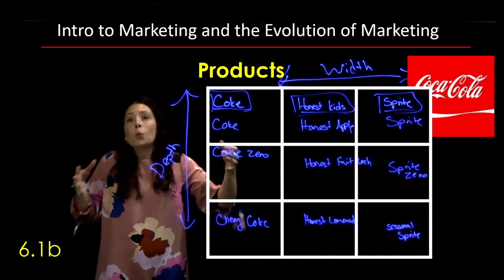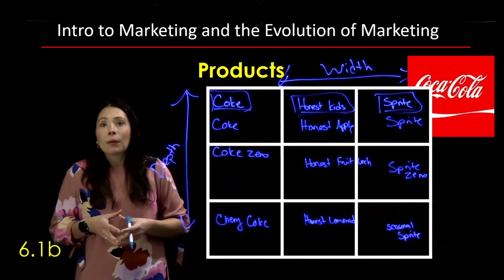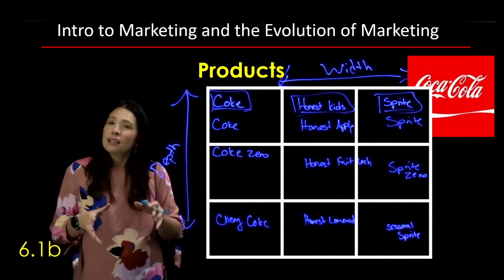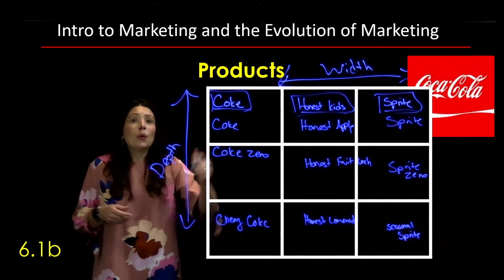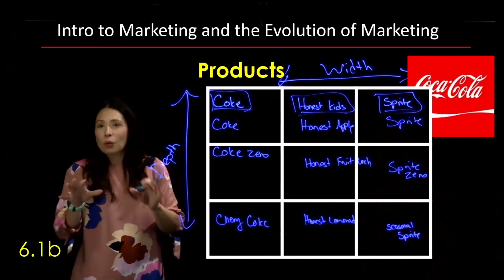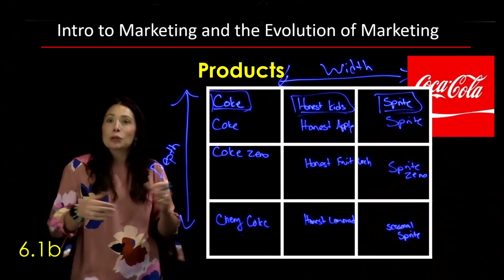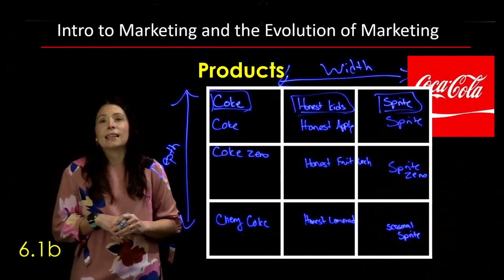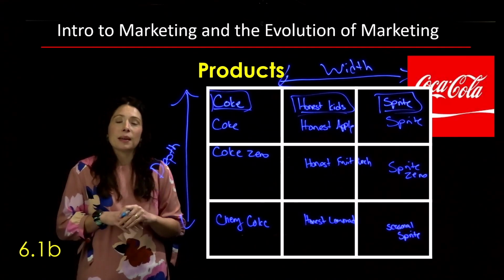Now, when it comes to the width of the product development table or the product mix, this is a different discussion. So the addition of Honest Kids may be surprising, or Simply Orange, or the wealth of sports-related offerings, water, etc. that Coke carries within their product mix.